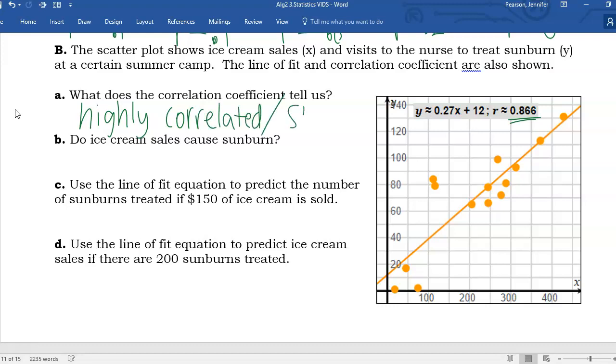Strong. That means I can use this trend line to help me make predictions, okay? We said anything higher than 0.5 is actually pretty strong, and almost 0.9 would be very strong.